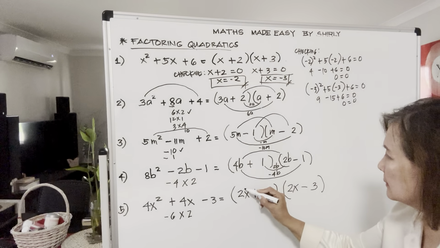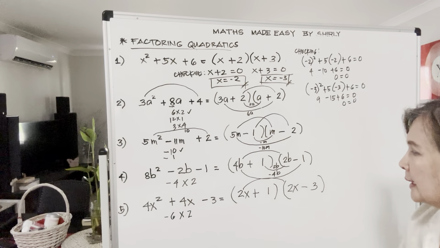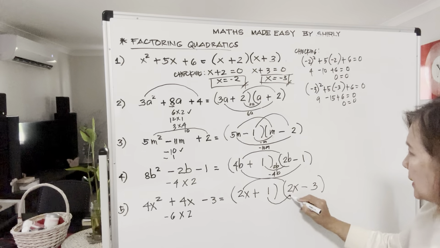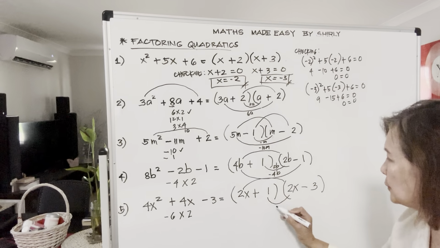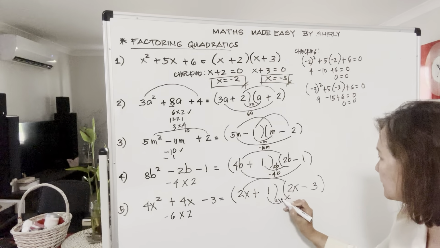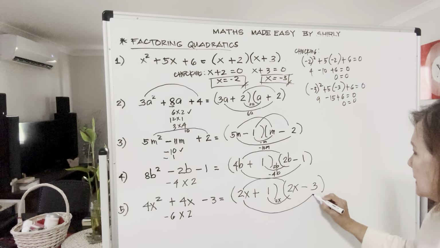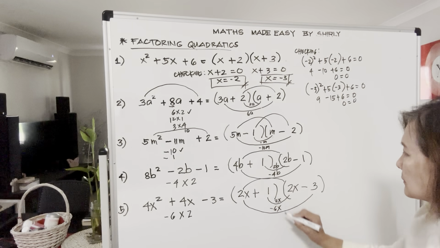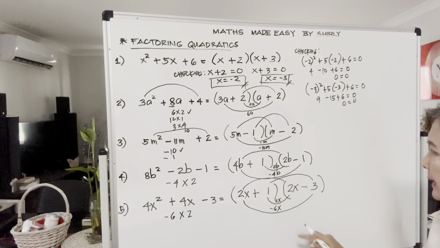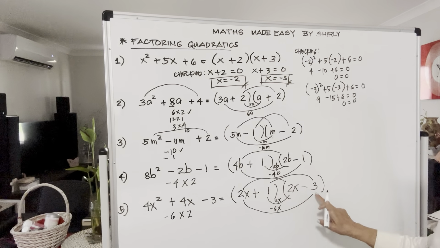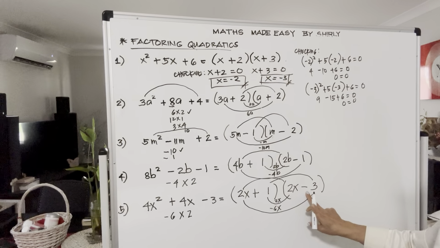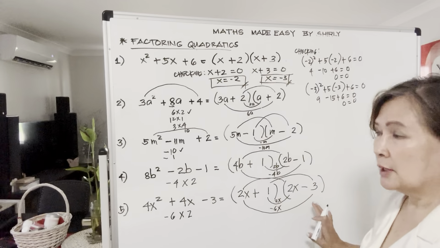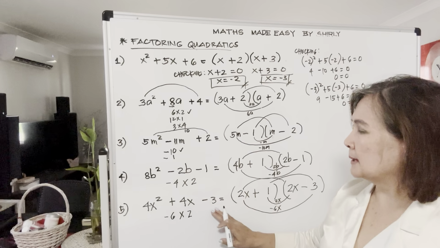Let us check. 2x times 2x, that is 4x squared. 1 times 2x, that is positive 2x. 2x times negative 3, that is negative 6x. Then you multiply the last terms. 1 times negative 3 is negative 3. Therefore, these are the factors of this given trinomial.